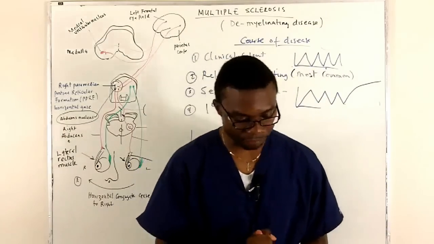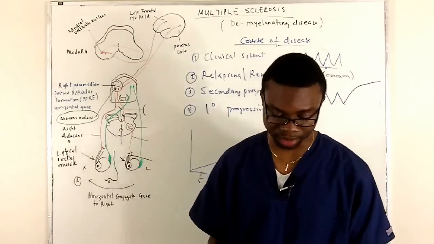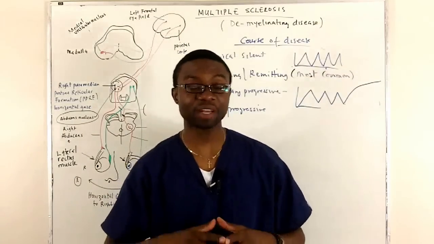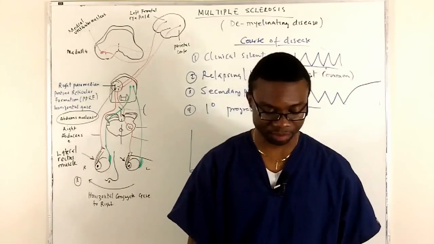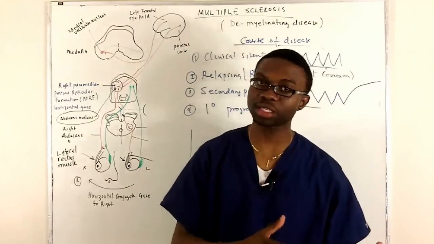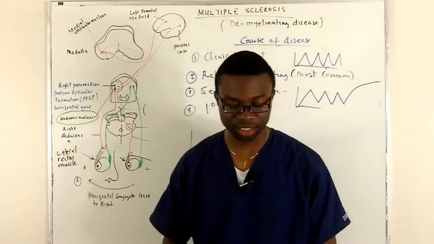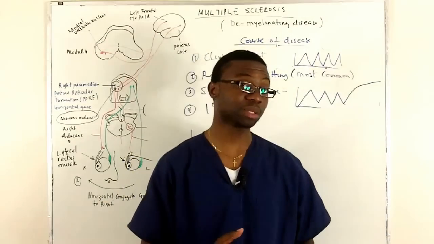Now, patients have an increased risk of developing severe disability if they have a lot of frequent attacks early in the disease course, and also onset at an older age, a progressive course, and early cerebellar or pyramidal symptoms.